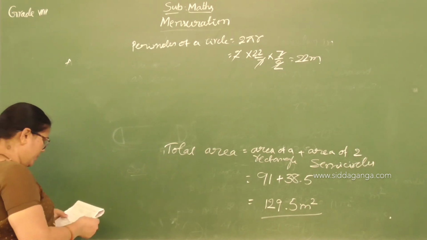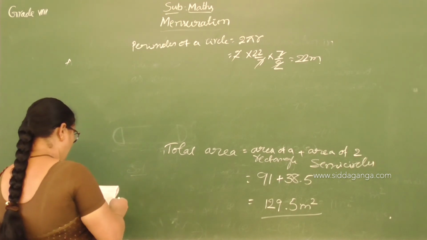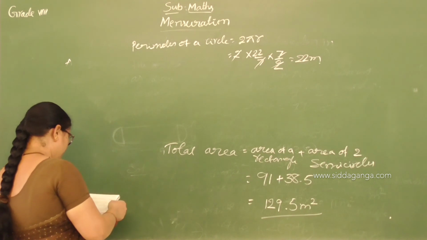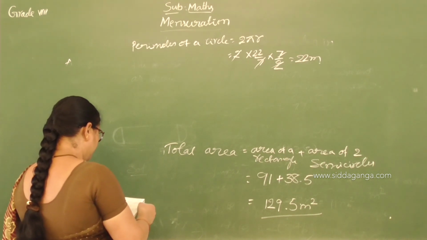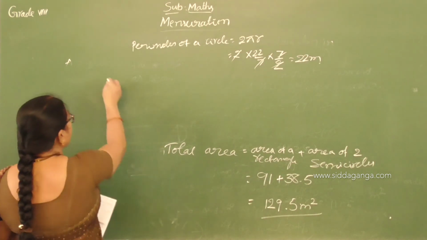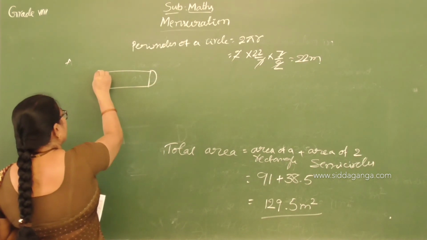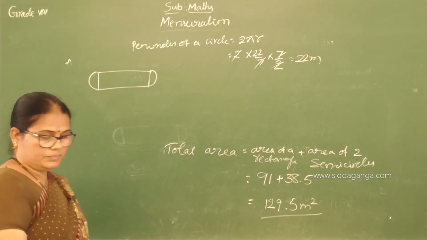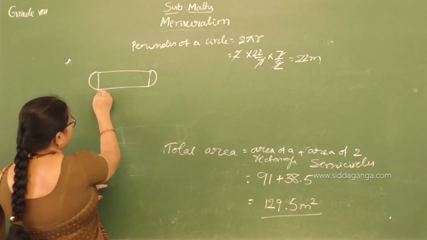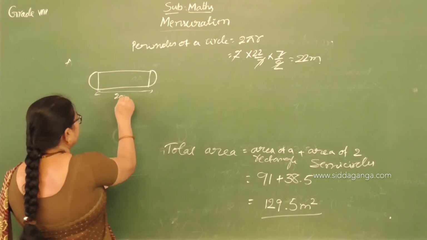Next we have to find out the perimeter of the rectangle. See, this is the figure, 20 meters is there.